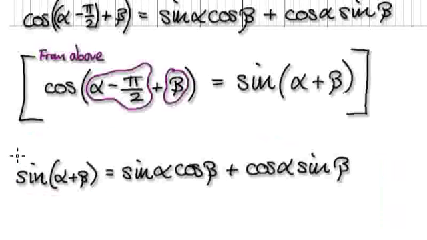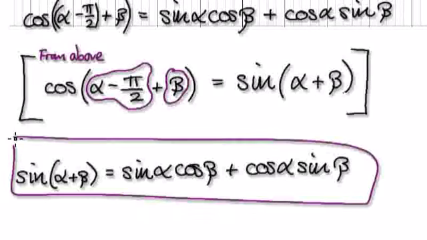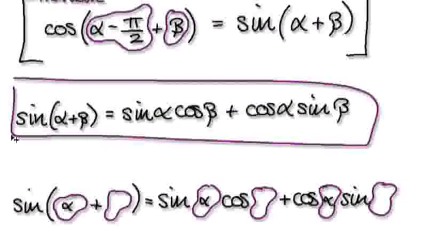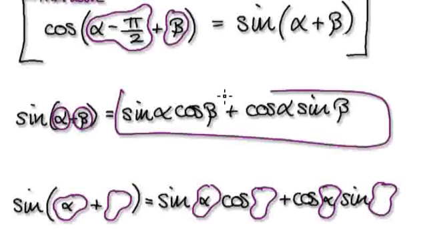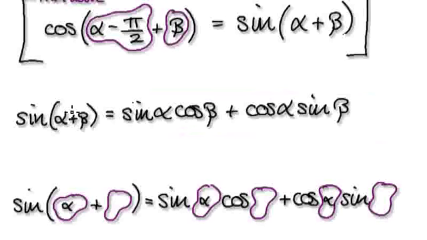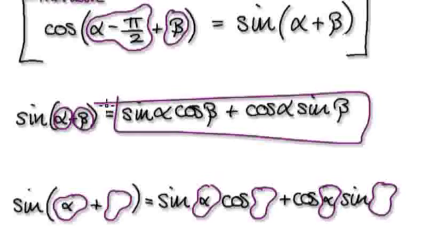Now, once you've got to this stage here, what this is saying is that whenever you sine an angle, whenever you sine a bubble, and then plus another bubble here, you can immediately jump to this. Whenever you sine an angle and then you have another angle, you can immediately jump to this.